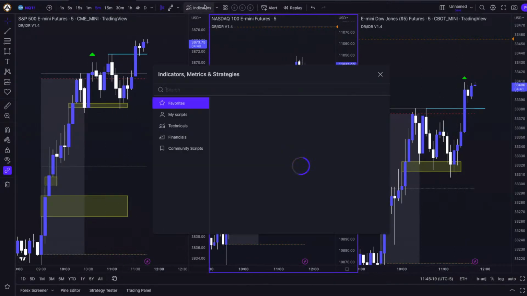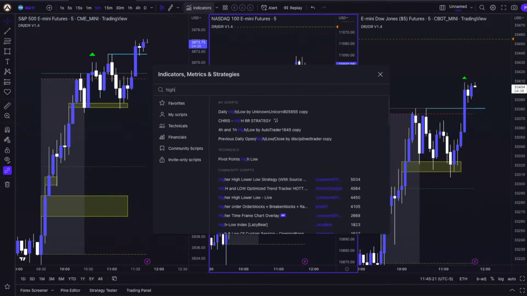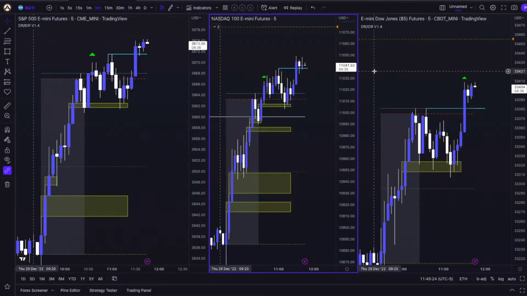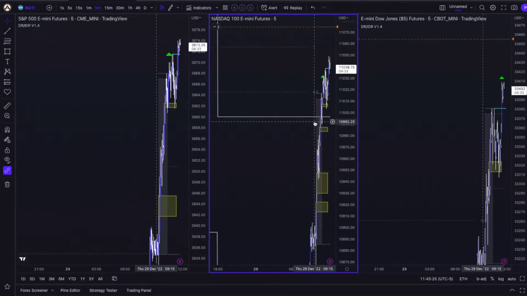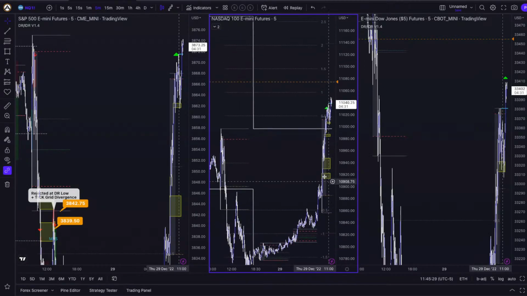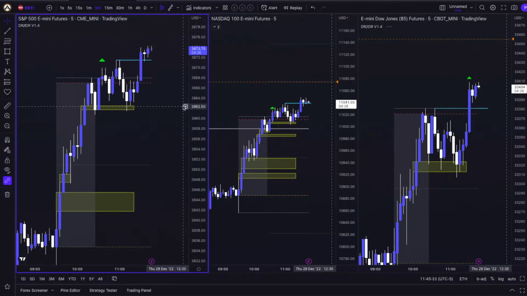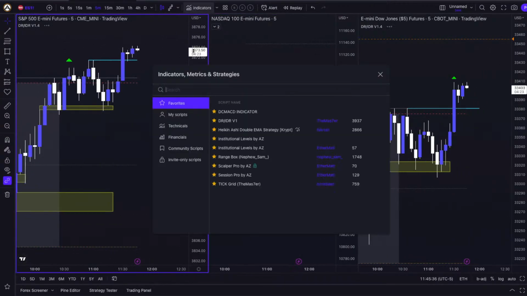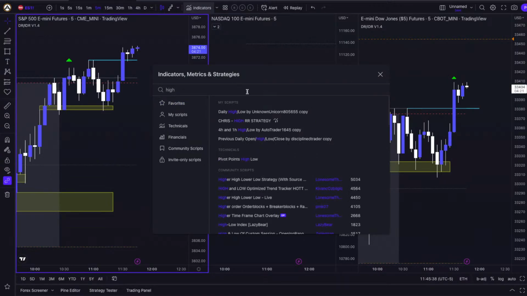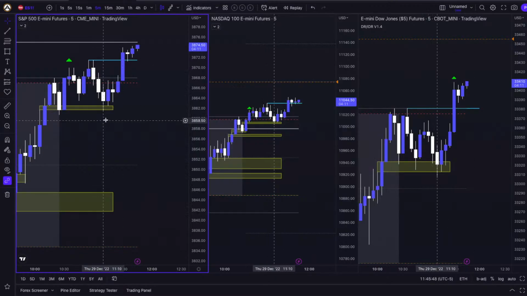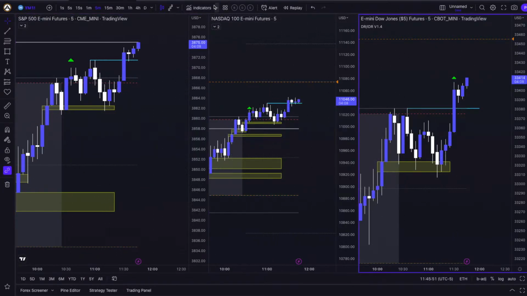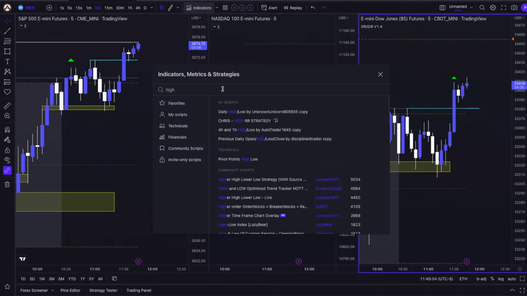We can actually use the previous day high indicator on all 3 charts. So for example, on Nasdaq, we already broke our previous day's high. On the SP 500, okay, so we're using daily high low, this indicator right here, and this one right here, high.